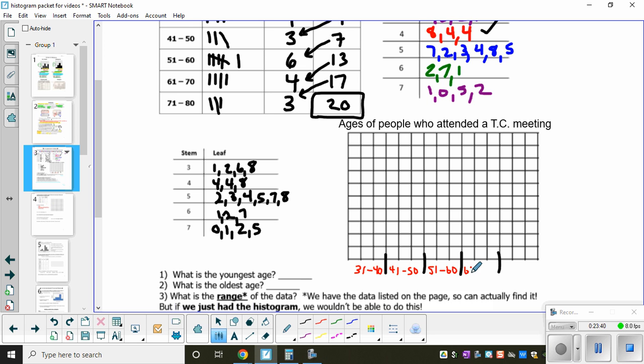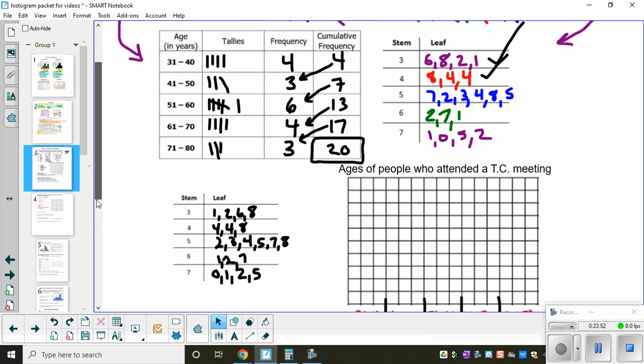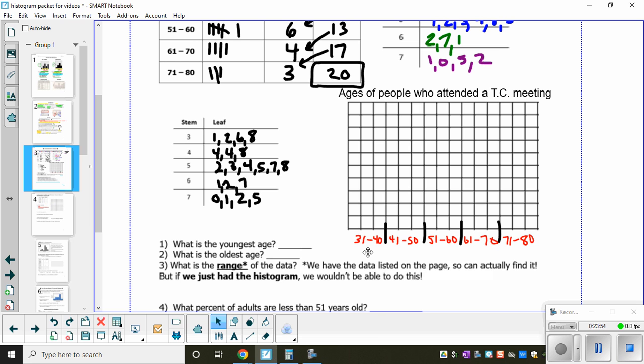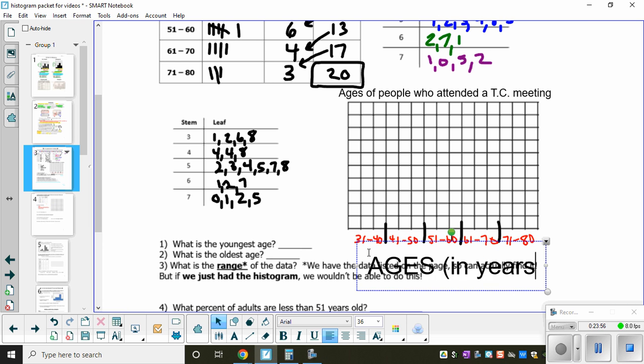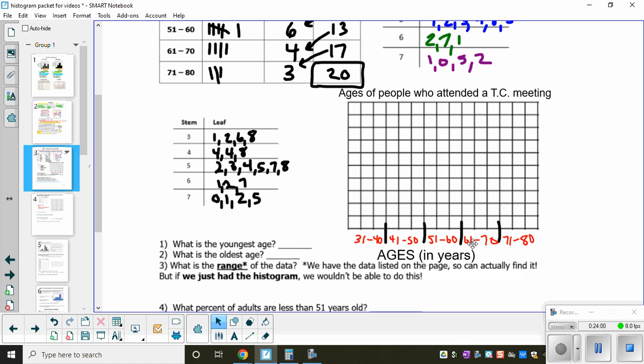Then 61 to 70. And then 71 to 80. So those are the intervals. And what that axis represents is the ages in years. So we've now labeled this axis.